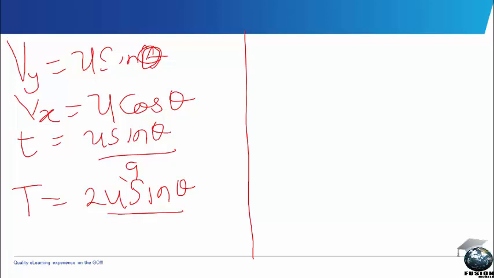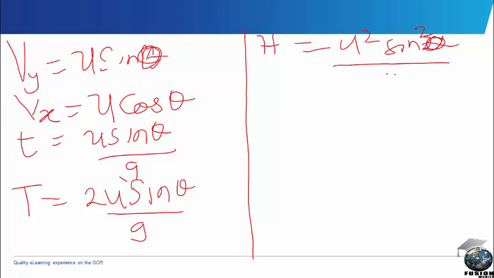Then from there we can get the time of flight, T equal to 2u sine theta all over g. Then we have the maximum height, H equal to u squared sine squared theta all over 2g, while range is equal to u squared sine 2 theta all over g.